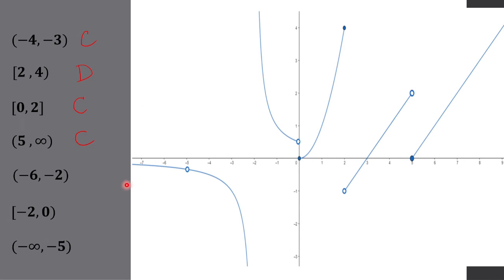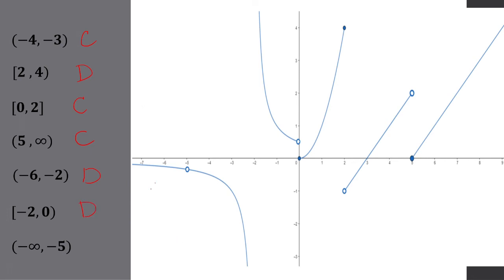So therefore, this is discontinuous. For negative 2 to 0, this would be negative 2 to 0. And in the given interval, we are including negative 2. And since we have a vertical asymptote at negative 2, therefore, this would be discontinuous.